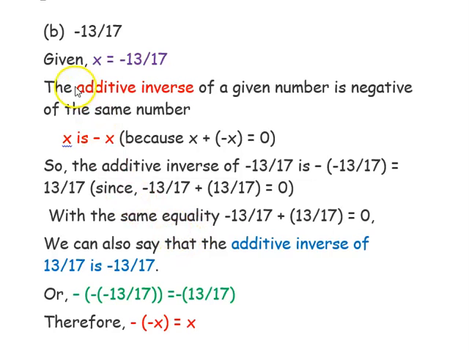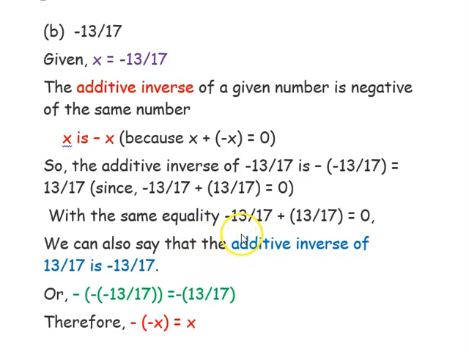Same thing. The next question is minus 13 by 17. You already know the additive inverse of minus x is plus x. So the additive inverse of minus 13 by 17 is minus of minus 13 by 17, which is nothing but positive 13 divided by 17.